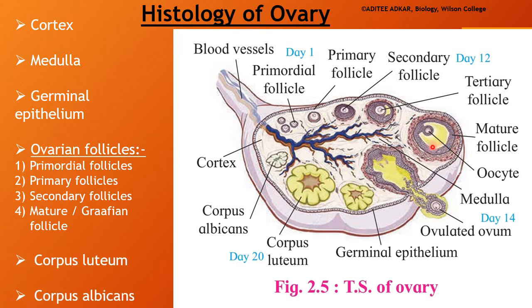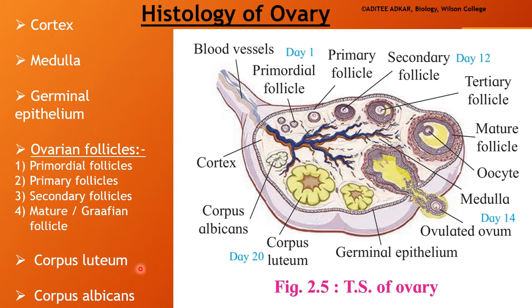Once the Graafian follicle ruptures and releases the secondary oocyte, the remaining part of the Graafian follicle is converted into a yellow body which is known as corpus luteum. The word corpus stands for body and luteum means yellow. So, the name itself says corpus luteum, that is yellow body.